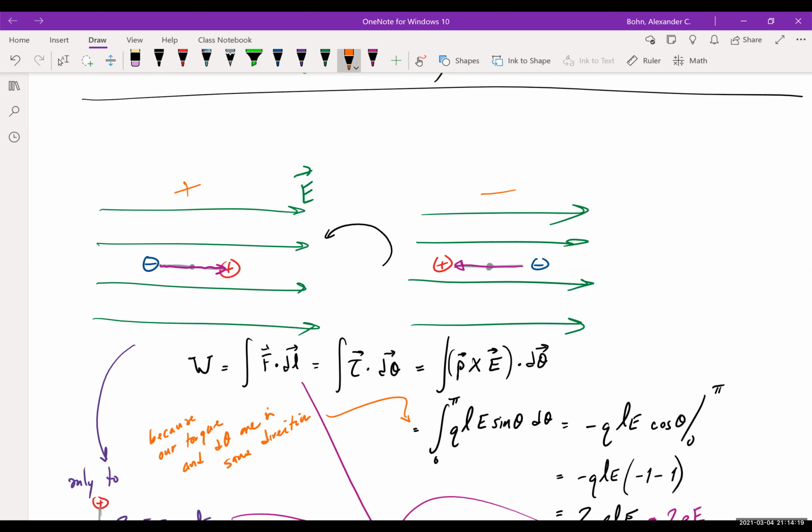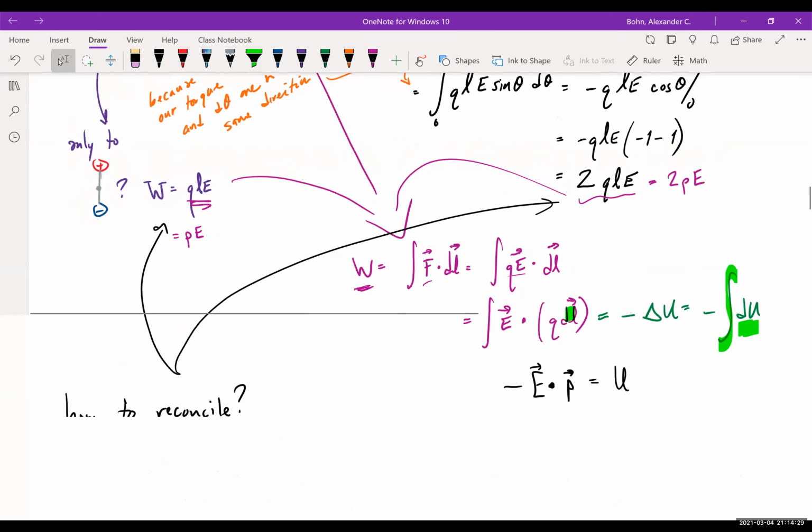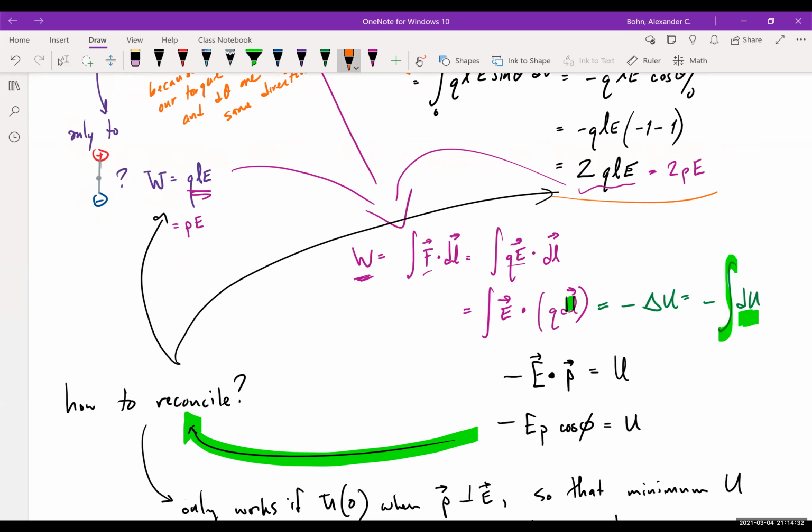If we want to use the dot product notation, and we need this and this to still be true, that from one orientation to the reverse, we get an amount of work done, 2 PE. Here we only have 1 PE. The magnitude of cosine will never be greater than 1.